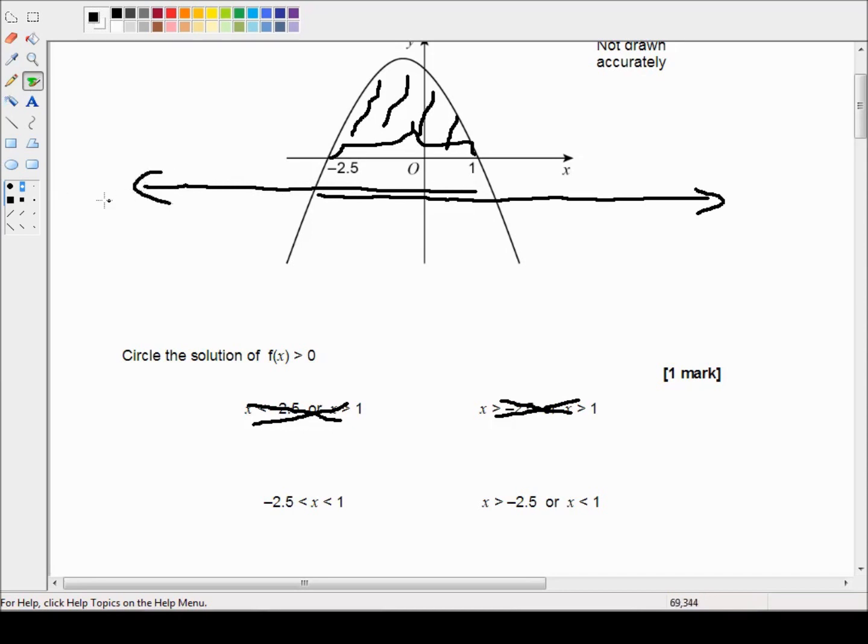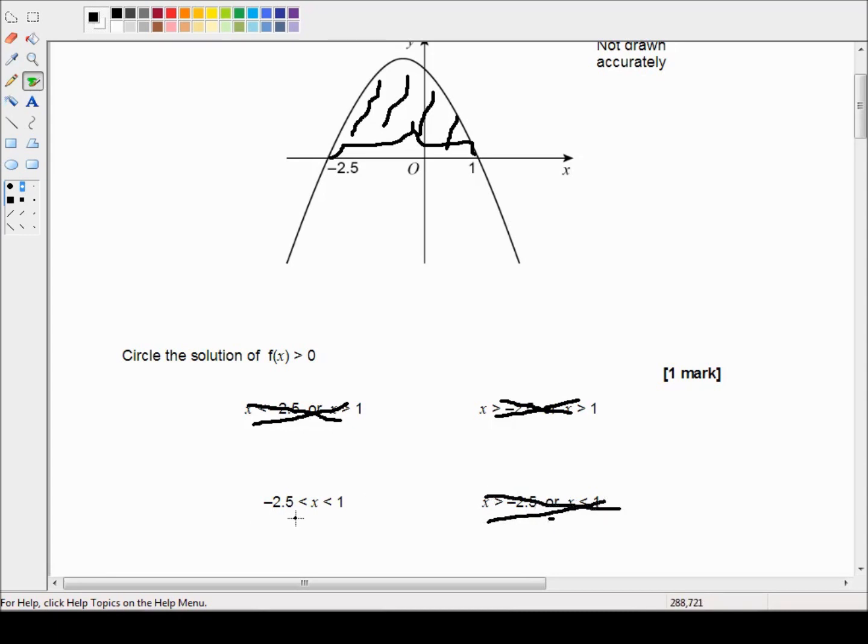So that covers the entire x-axis, every single thing on the x-axis, and there's certainly parts where the graph goes below the x-axis, where f of x is less than 0. So again, this is wrong. If that had said and, then it would have been right, but it says or, so this is wrong.